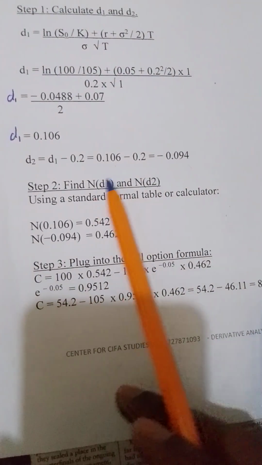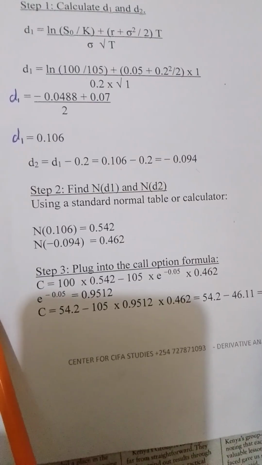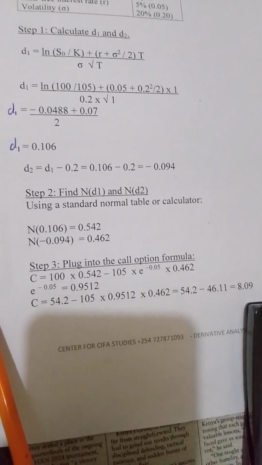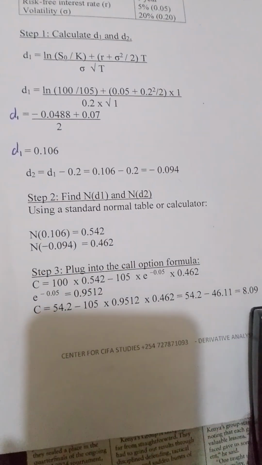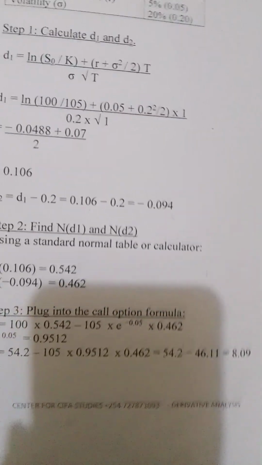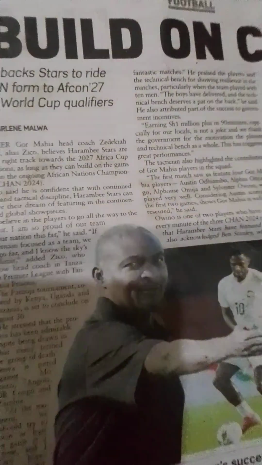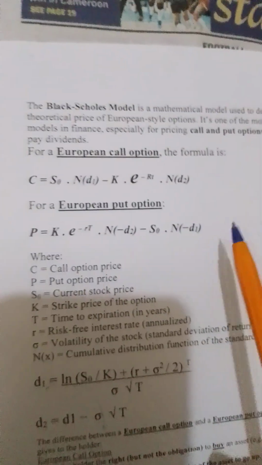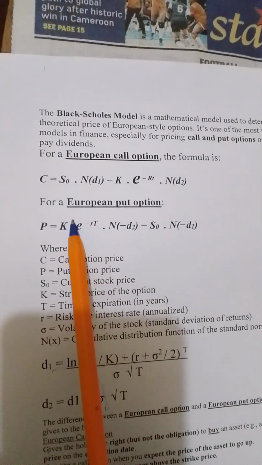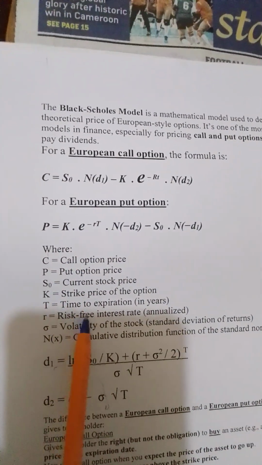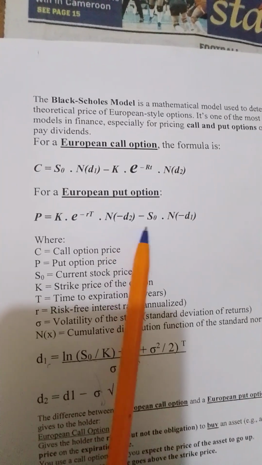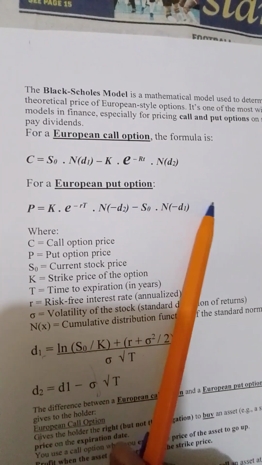Now lastly, the last step is to plug into the call option formula. I believe you have not forgotten. Let me remind you. Remember, we have said first we need to calculate D1, D2, ND1, ND2.